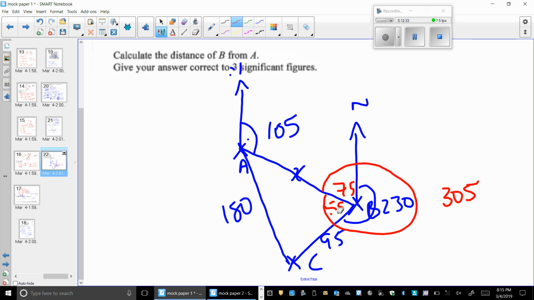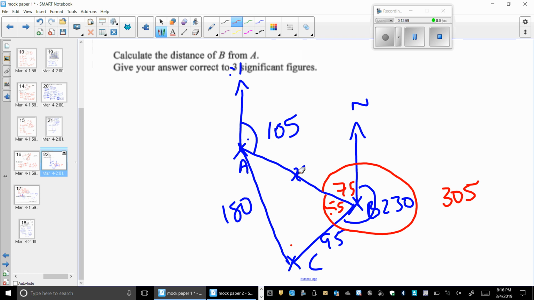Right, what else do we need to know? We need to know this angle to find this missing length.